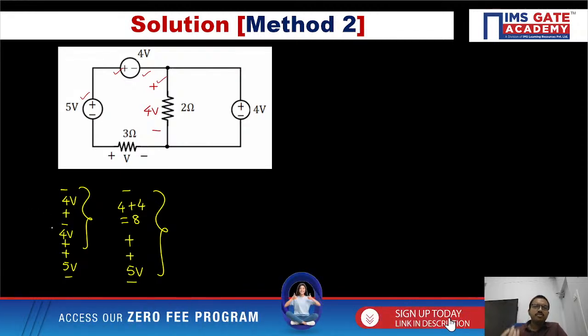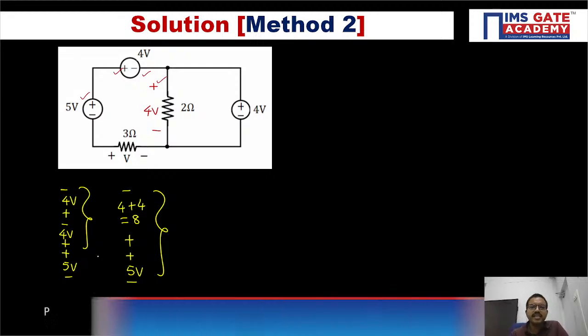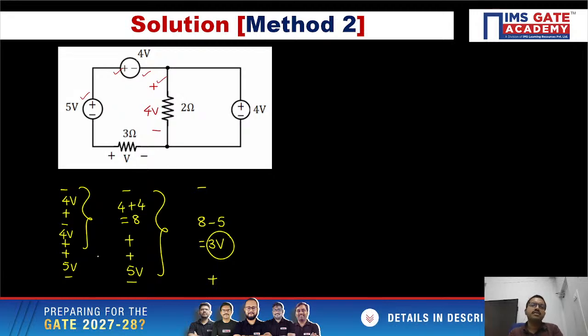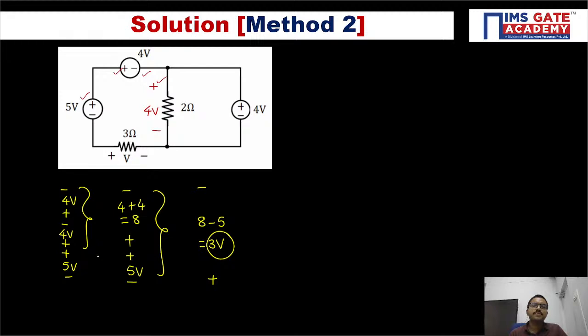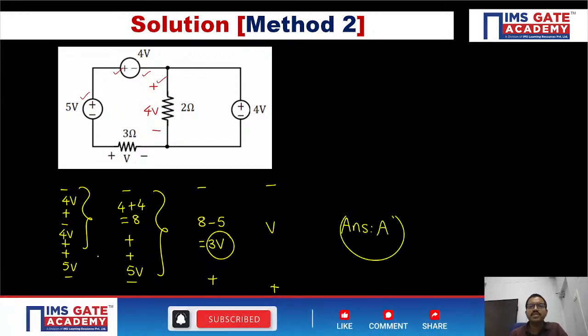Obviously you know the smaller value is subtracted from the larger, so the larger value's polarities will be retained. In this case 8 is the larger, so the resultant polarity will be minus plus. 5 you can subtract from 8, so 8 minus 5 is 3. Now if you compare with respect to the 3 ohm resistor, across that we are getting exactly the same polarity, minus is matching, plus is matching, so V equal to 3 volts.